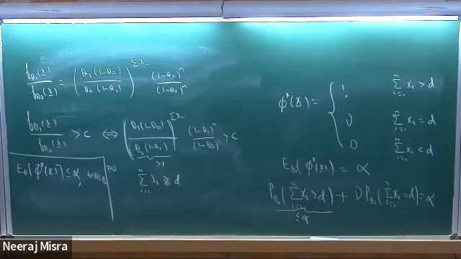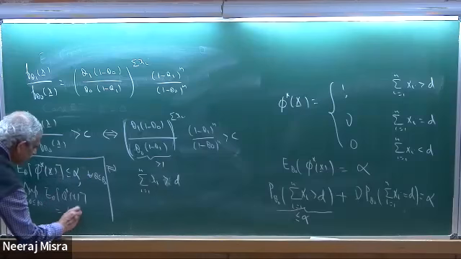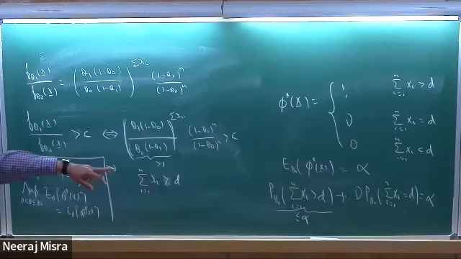Which is equivalent to saying that the maximum over theta less than or equal to theta naught of E theta phi star x is less than or equal to alpha. In mathematics, a loose term for maximum is supremum. If the supremum of the expected value of phi star x turns out to be E theta naught of phi star x, which is exactly alpha, then I'm done.